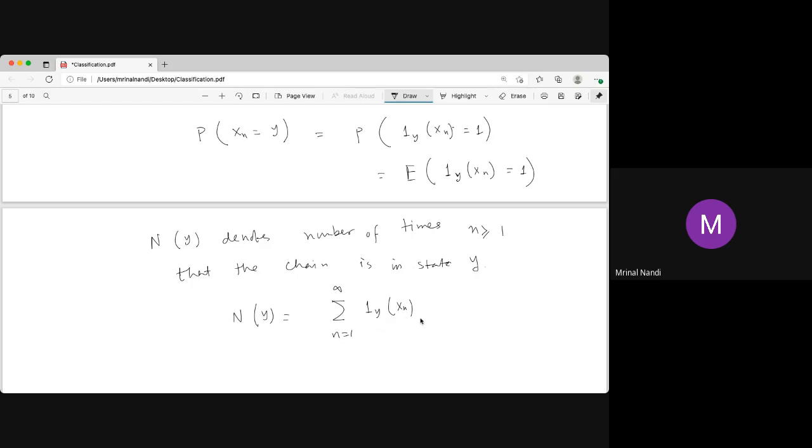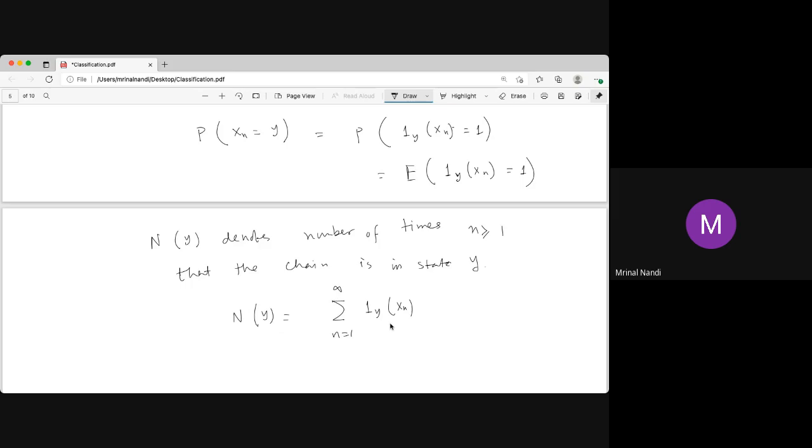That means the chain Xn is in y for 10 different n, say X1 equals y, X10 equals y, X11 equals y, X200 equals y.